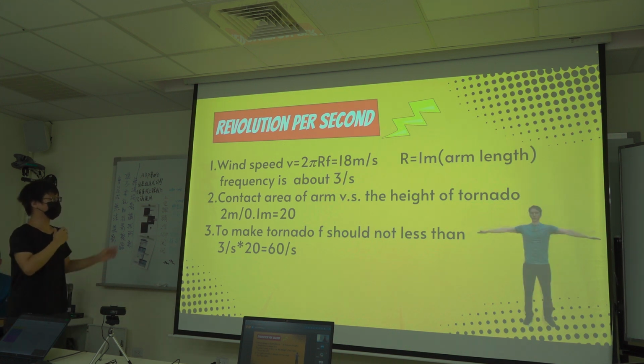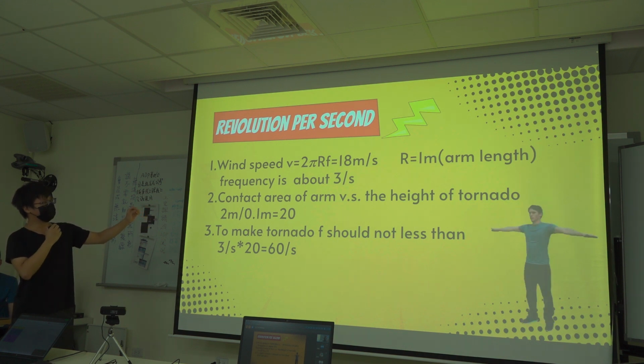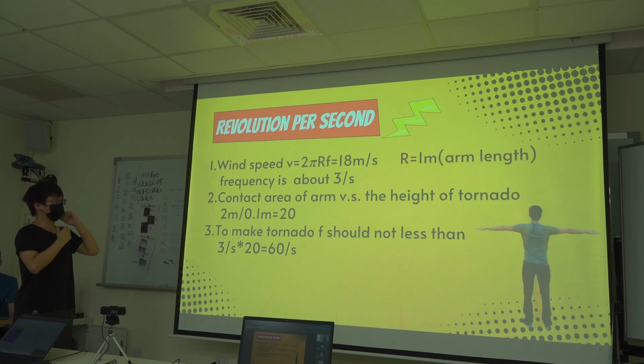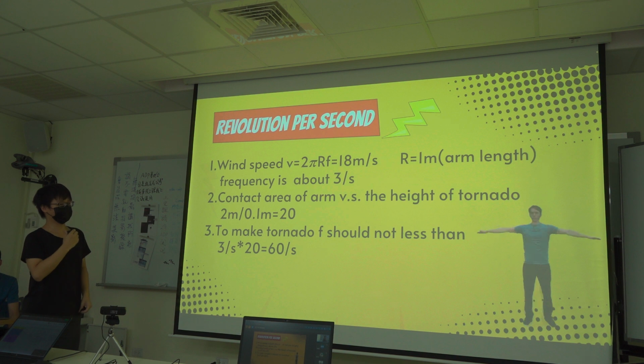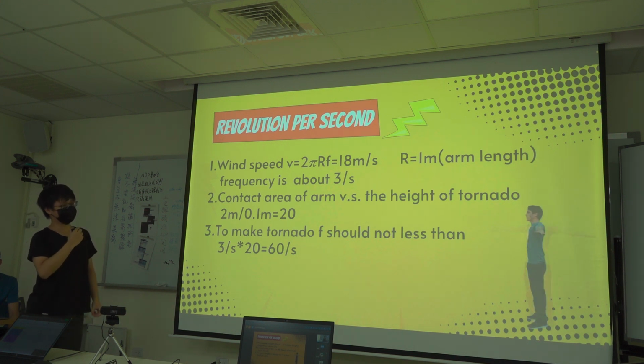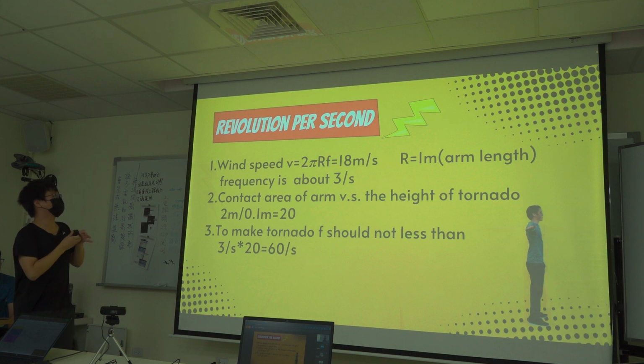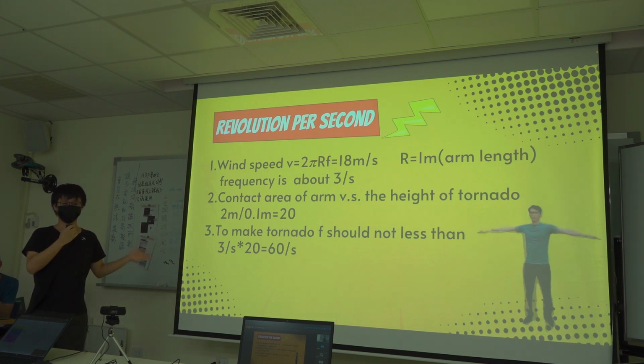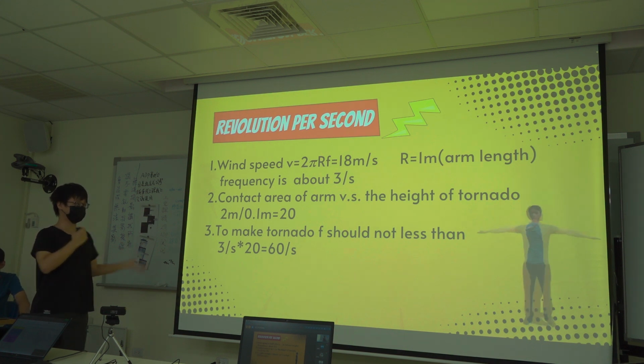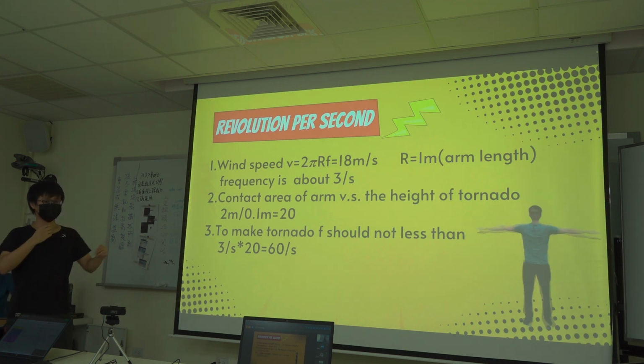If you use the formula, velocity equals 2 times pi times radius times frequency, and the radius is the length of his arm. So the frequency is about 2.8, or about 3 revolutions per second. So it sounds easy for a normal human to do that.